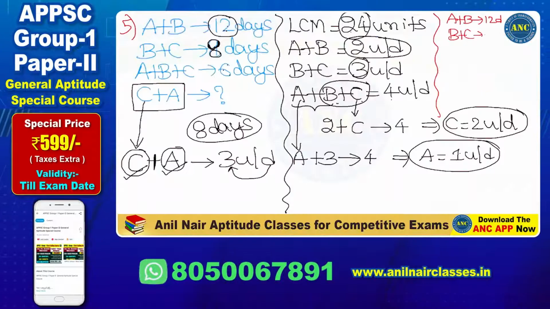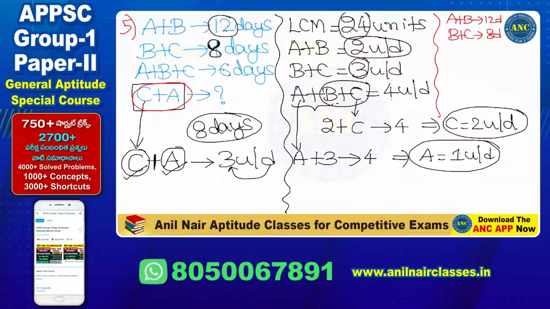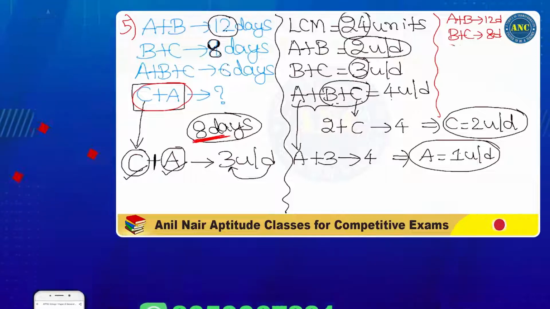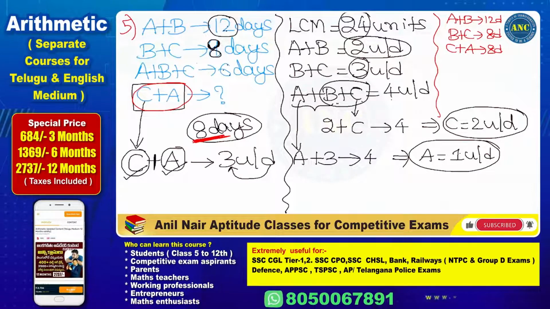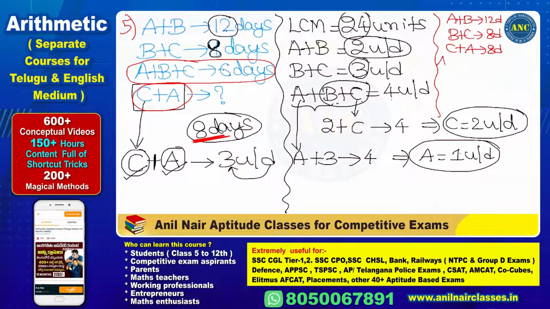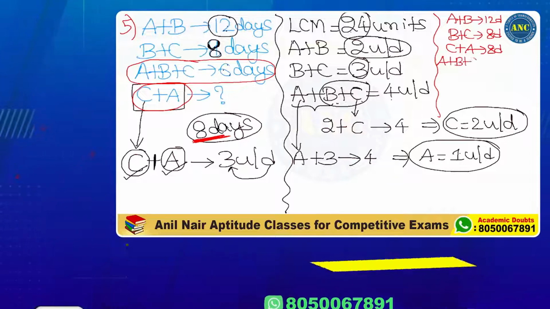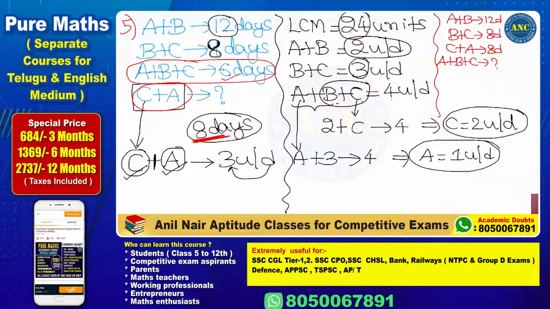B plus C is given in the question as 8 days. C plus A we actually didn't know, but we have found out just now as 8 days. So we are cross-checking whether our answer is right or wrong. Now, A plus B plus C is given in the question as 6 days, but let us convert it to the 4th question type and check whether we are getting 6 days as the answer or not. Very simple, right?